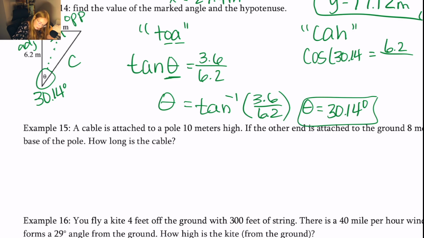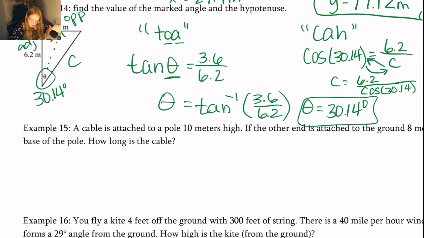I want to go ahead and swap places. Get the variable out of the fraction and up, get the other stuff down. So in my calculator, I'm going to do 6.2 divided by cosine of 30.14. And you get 7.17.